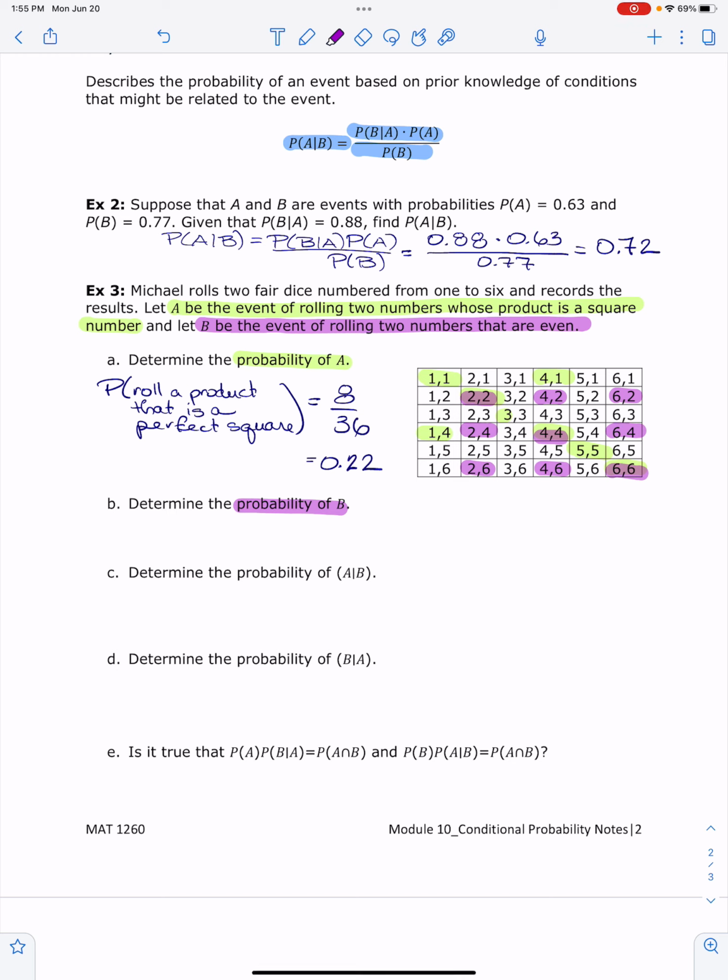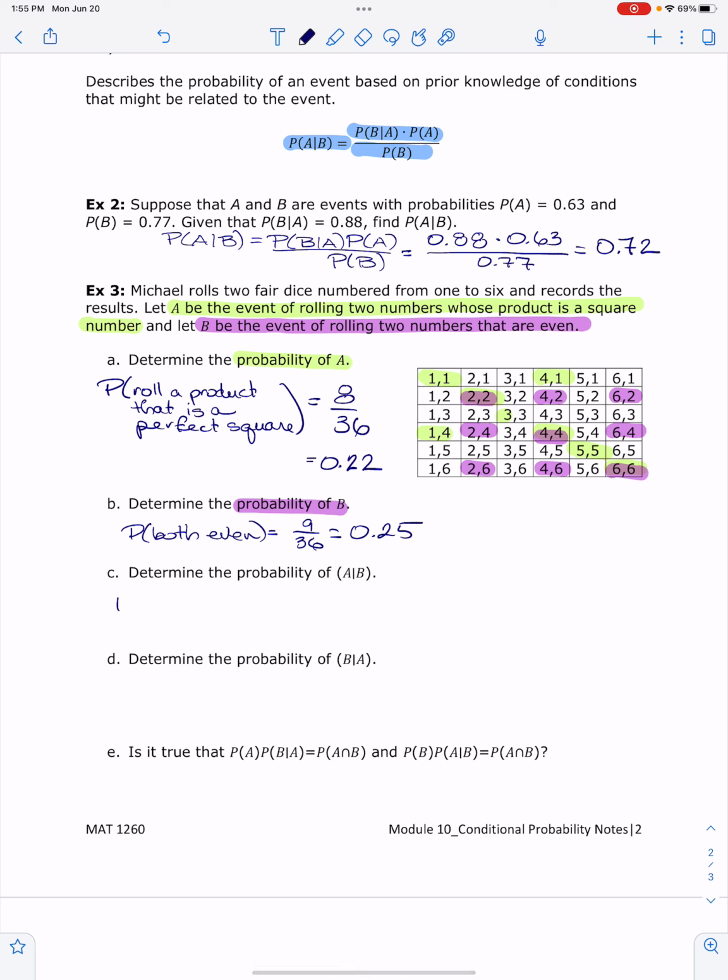So the probability both are even is 9 out of 36. And when we divide that, we get a 0.25 probability.